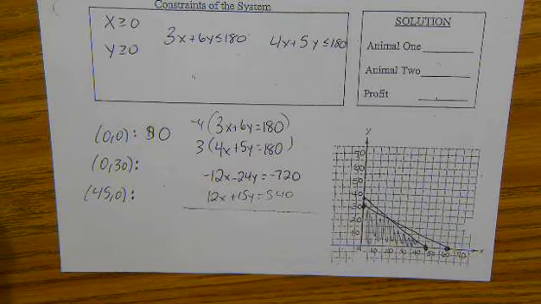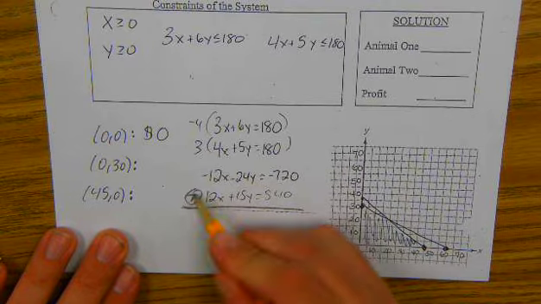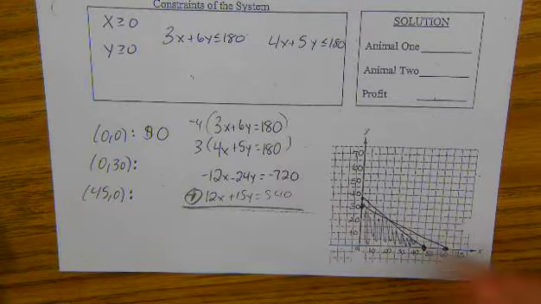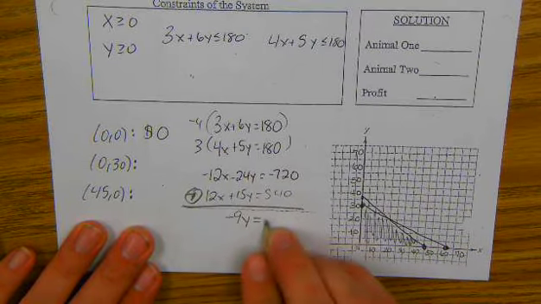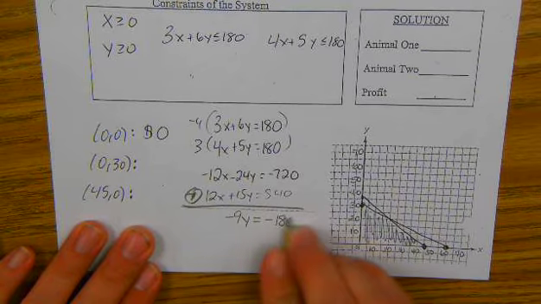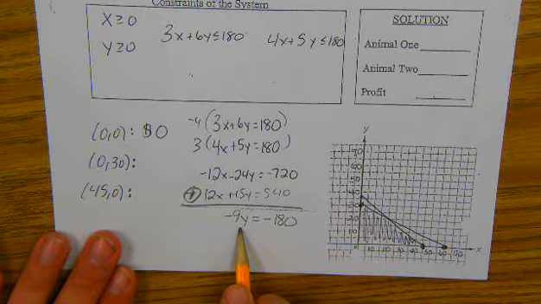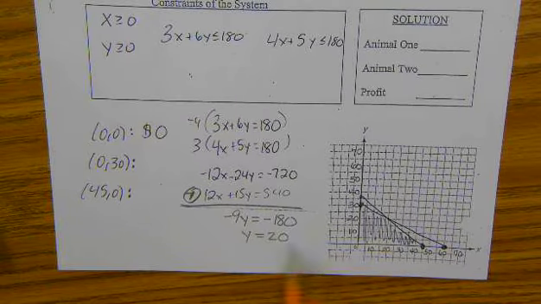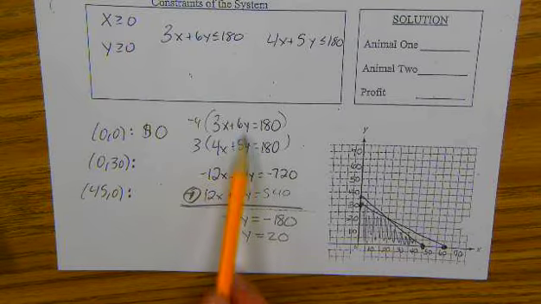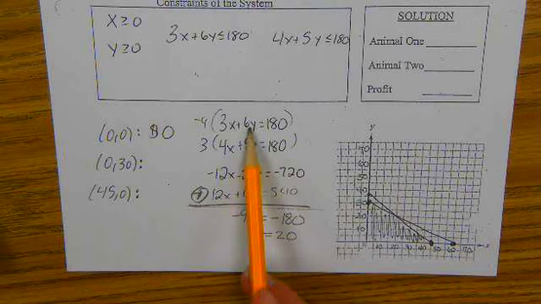And my pen is already dying. We'll go to the pencil now. Add these two equations together. And this is negative 9y equals negative 180. And so now I divide by negative 9, get y equals 20. If I plug 20 in for y on one of these, I'll put it right here. 6 times 20 is 120.